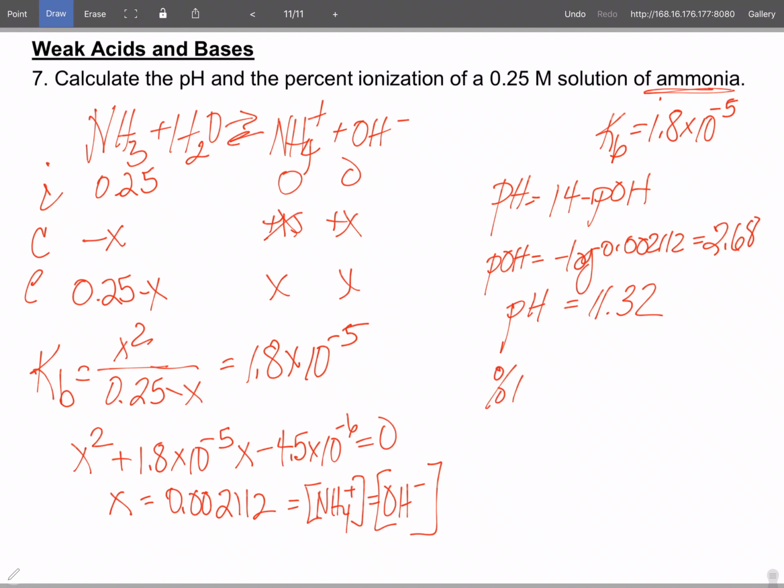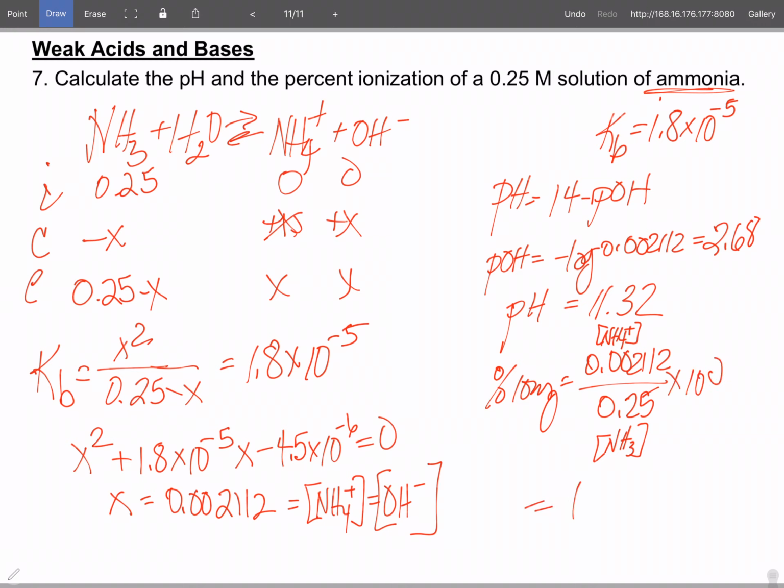You're asked for the percent ionization, which again will be the conjugate, 0.002112, because that is the ammonium ion, divided by the formal concentration, which is the ammonia, times 100, which gives you a whopping 0.8449%.